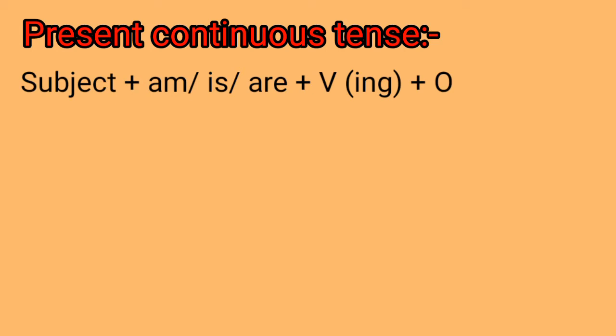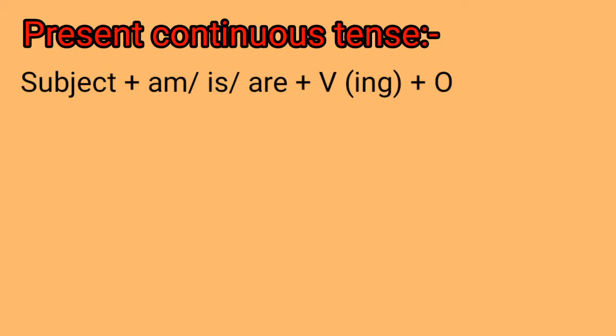In this structure, after the subject we have am, is, are, which are known as helping verbs, and you have to use any one of them with the subject. After am, is, are, you have to use the verb with ing form, and then finally the object. Don't forget that in every continuous tense, the verb always takes ing form.